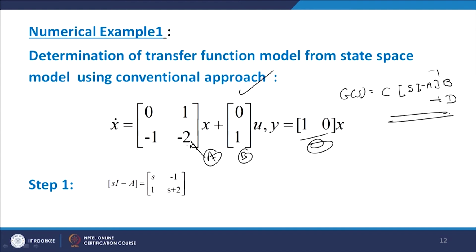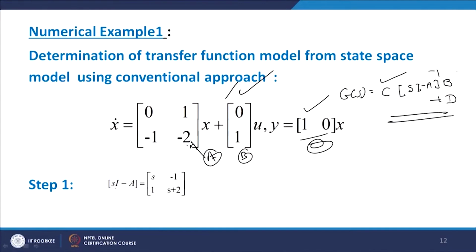As I discussed earlier, we want (sI - A) inverse first, because C is given, which is [1 0], and B is also given, but we need (sI - A) inverse. So how to get it? First of all I write sI minus A, where sI is [s 0; 0 s] minus A, and A is [0 1; -1 -2].